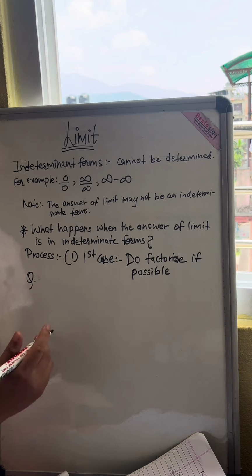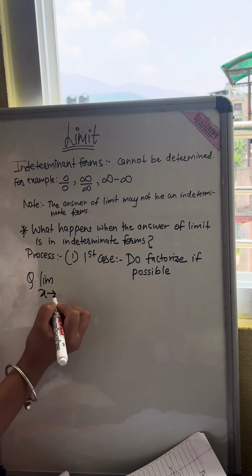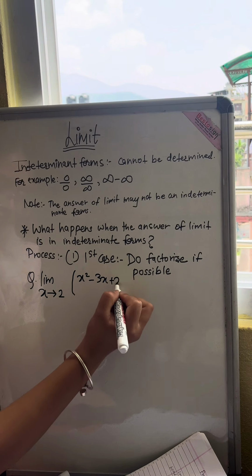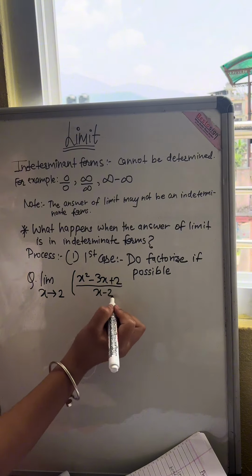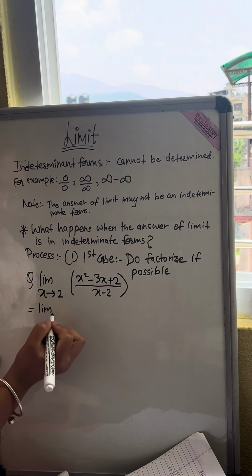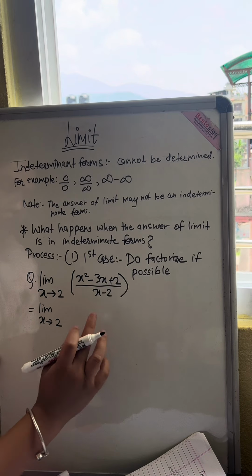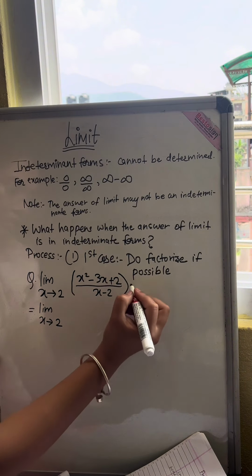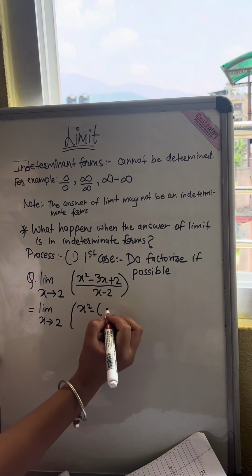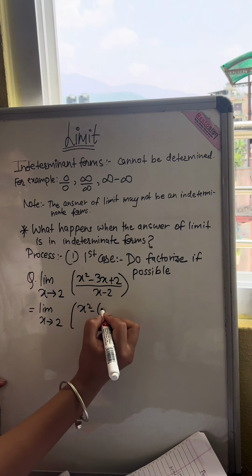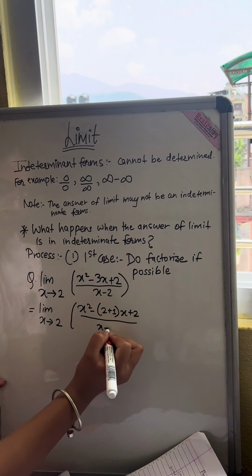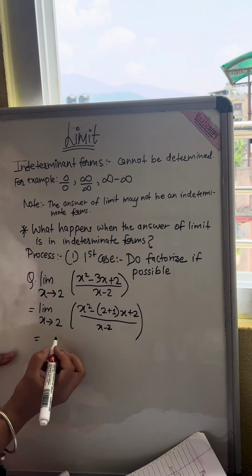The sample question is limit x tends to 2 x square minus 3x plus 2 upon x minus 2. Now let's solve this. Limit x tends to 2. Now let's factorize the numerator, where x square minus 2 plus 1 x plus 2 upon x minus 2, bracket close.